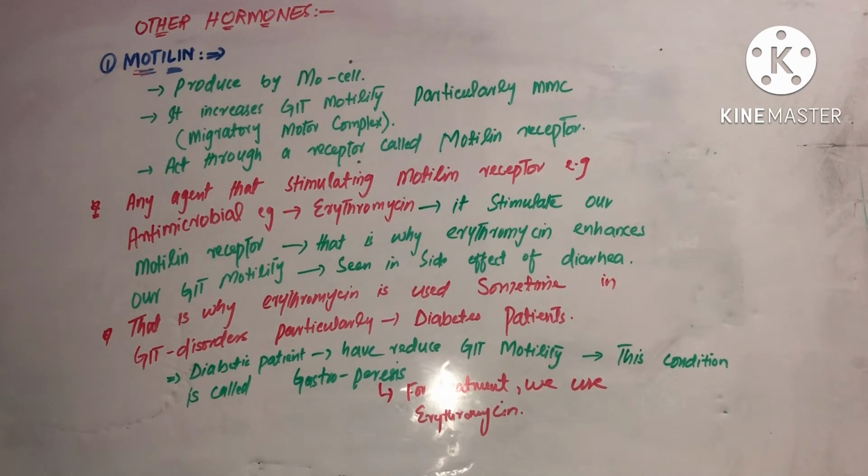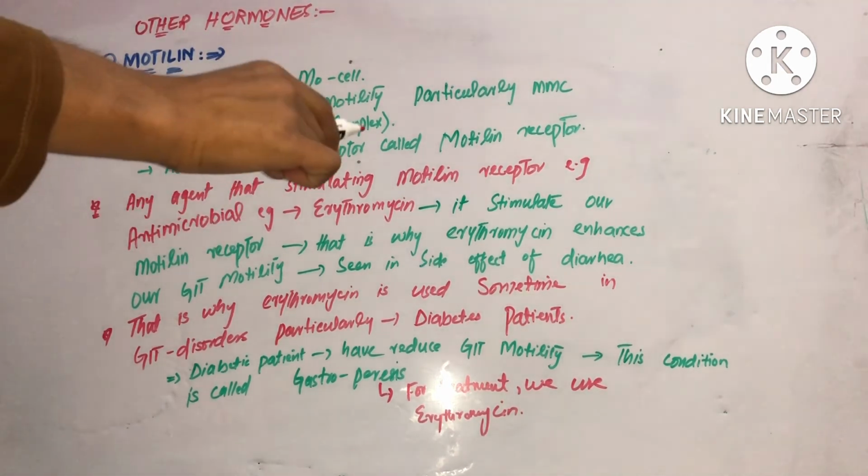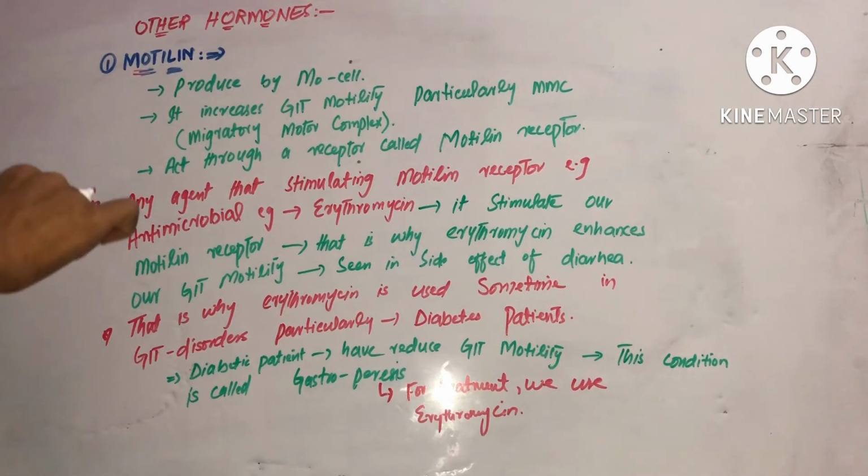A clinical point related to motilin is that any agent stimulating the motilin receptor, for example an antimicrobial agent such as erythromycin, stimulates the motilin receptor. That is why erythromycin enhances GIT motility, which is seen in the side effect of diarrhea.